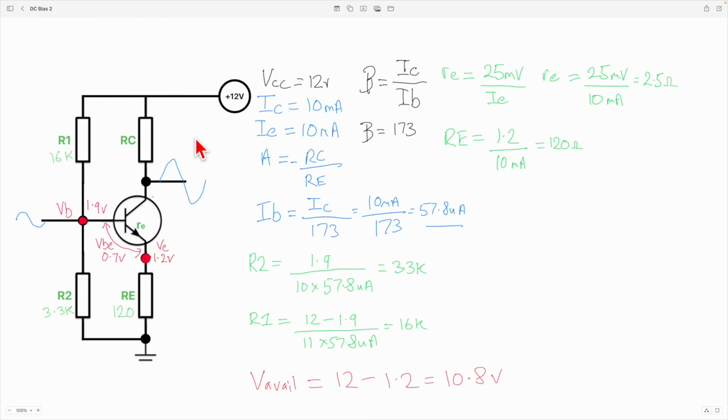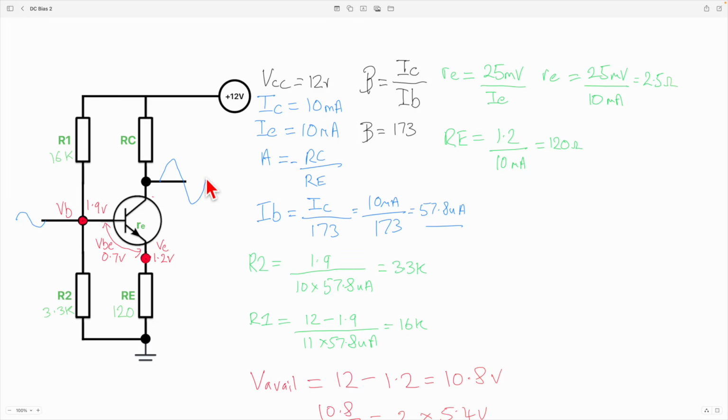What we have to consider now is if we were to divide that 10.8 by 2, that is 2 lots of 5.4 volts. Effectively that's what we've got: 5.4 volts worth of space for the positive excursion of the wave, and then 5.4 volts of negative space for the negative excursion of the waveform.